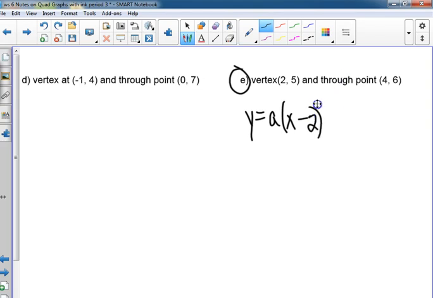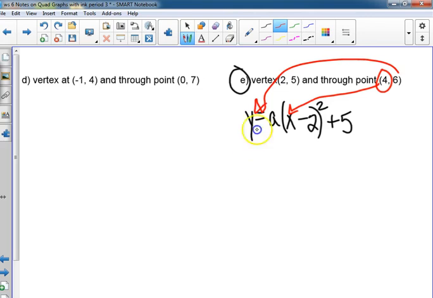Okay, I was just going to write this one at first and then the +5, right? But then you're absolutely right. We're going to put in the 4 here and the 6 over here. So we get 6 equals 4 minus 2 squared plus 5.